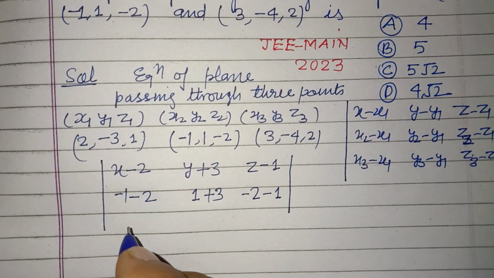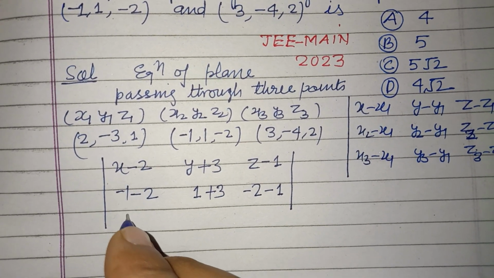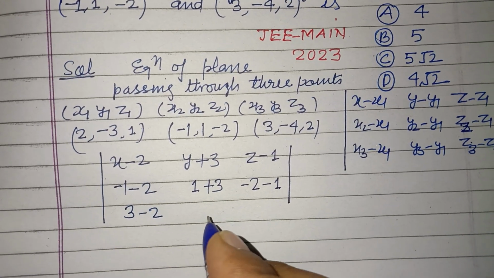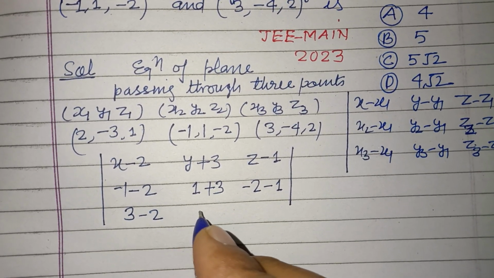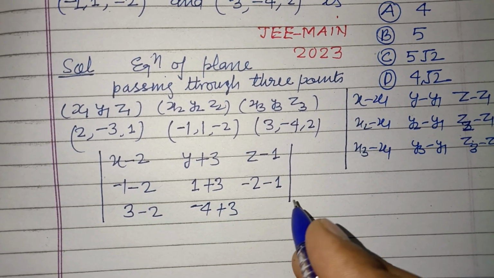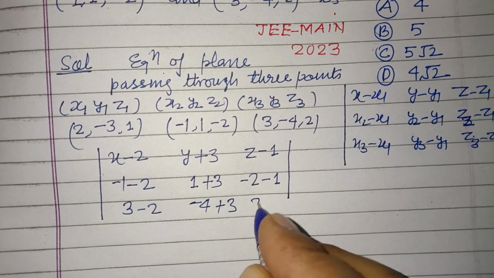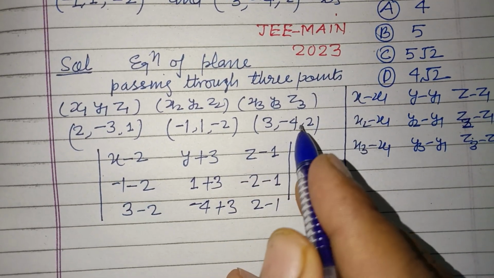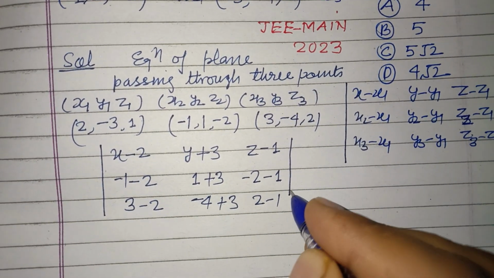Now x3 minus x1, so this is 3 minus 2; y3 minus y1, so this is minus 4 minus minus 3, plus; and z3 minus z1, so 2 minus 1.